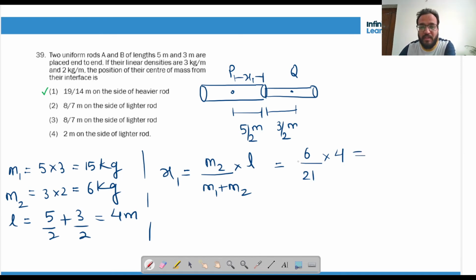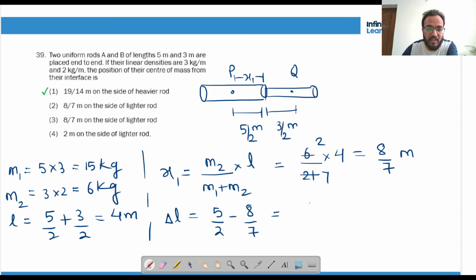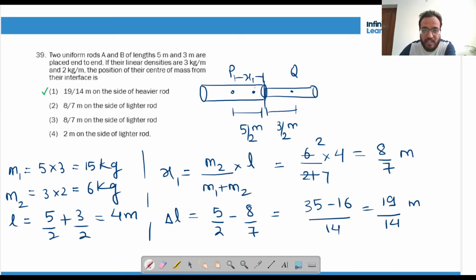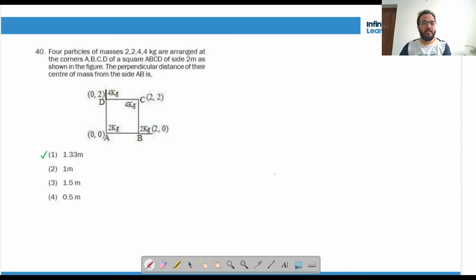So it will be 3 2s are 6, 3 7s are 21, 4 2s are 8 by 7 meters, right? And what is the distance of the joint? 5 by 2 meters. So the distance from the joint will be 5 by 2 minus 8 by 7. So it will be 35 minus 16 by 14, that is 19 by 14 meters on the side of the heavier rod. That means here somewhere is the center of mass, and from the junction it is at a distance of 19 by 14 meters. Got it?